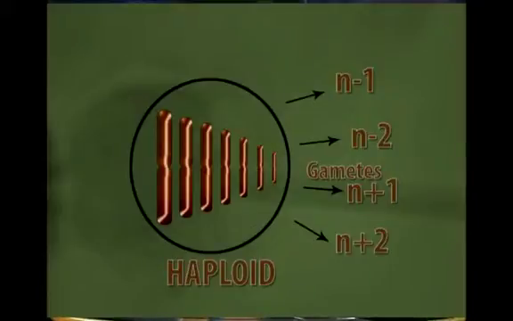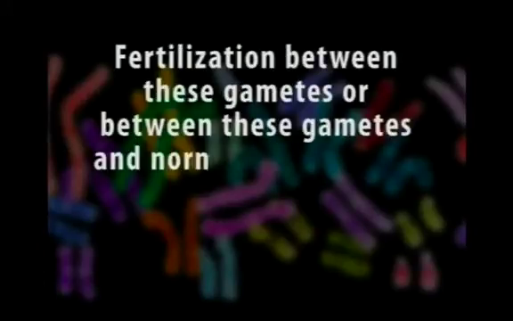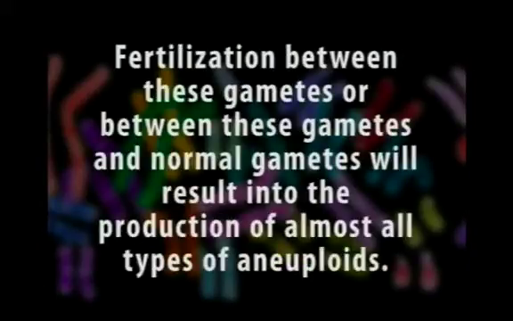Some poles receive more chromosomes, some receive fewer, and therefore there can be 0 to all distribution between the poles, and different types of gametes are produced lacking 1 chromosome or 2 chromosomes, 3 chromosomes or more depending upon the chromosome number of that particular haploid individual. Hence different aneuploid gametes are produced, and fertilization between haploid plants and normal plants will result into the production of all possible types of aneuploids.